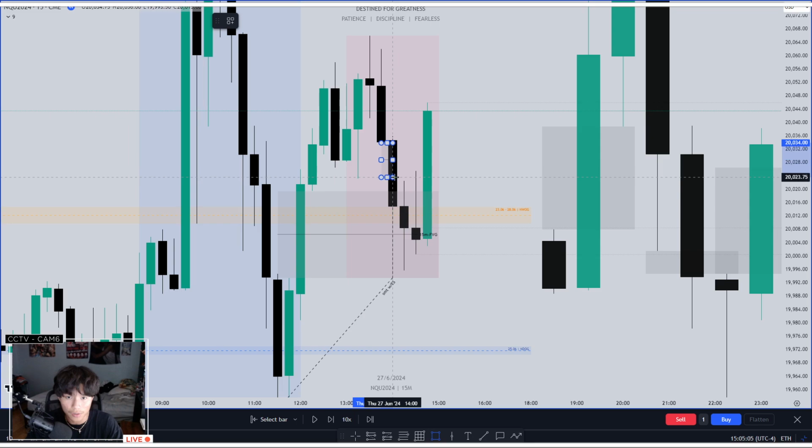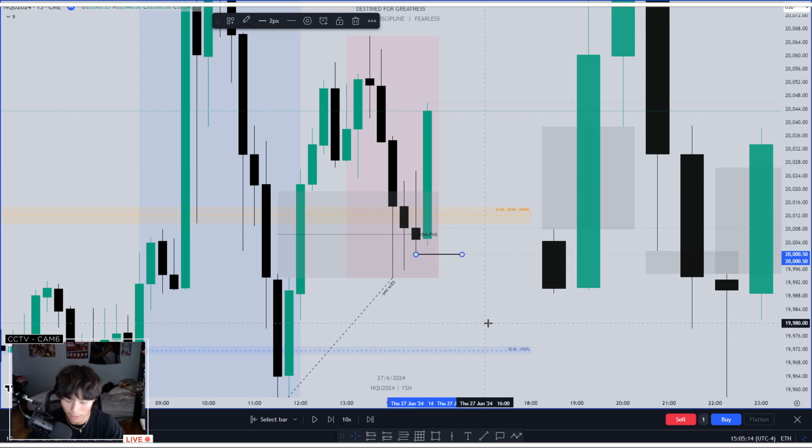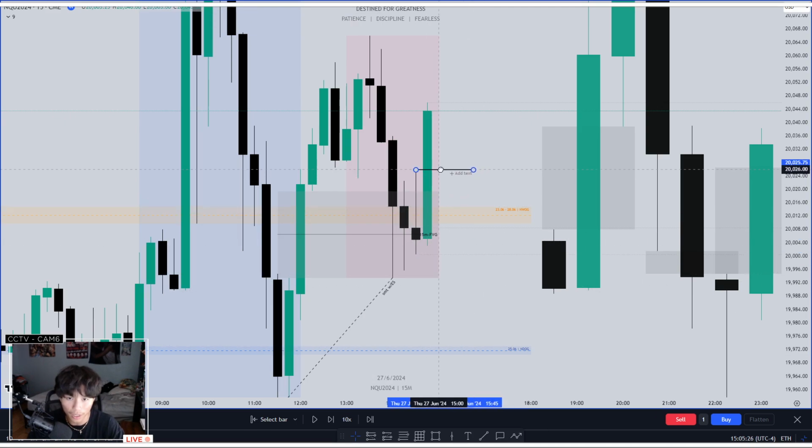So we traded up into the FVG and we displaced higher. And based off of this 15-minute candle, I can base my trade off the lower time frame model. With this candle right here, I'm looking at whether we are most likely going to take out the swing low or swing high.